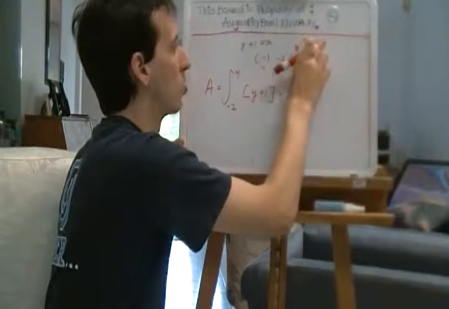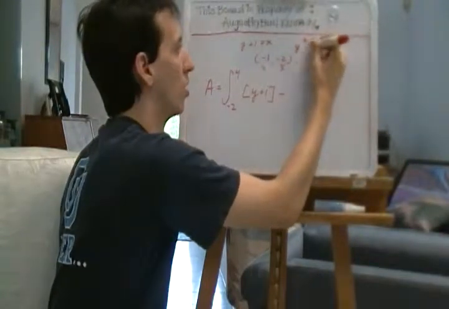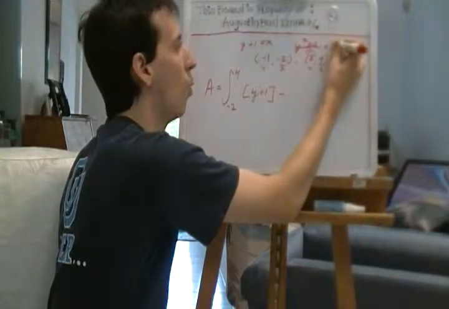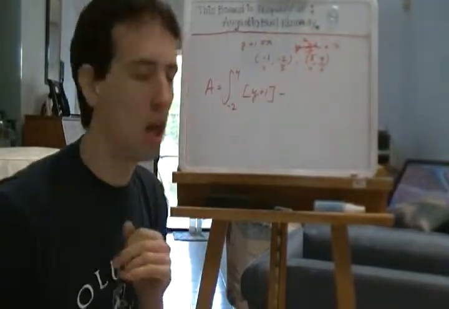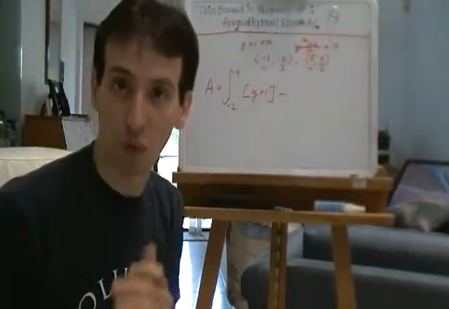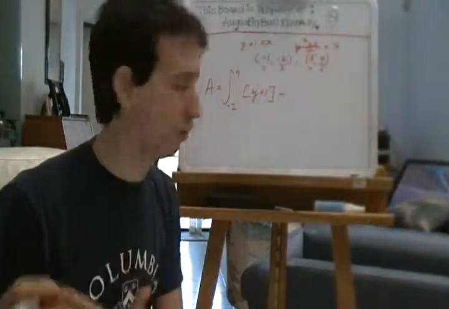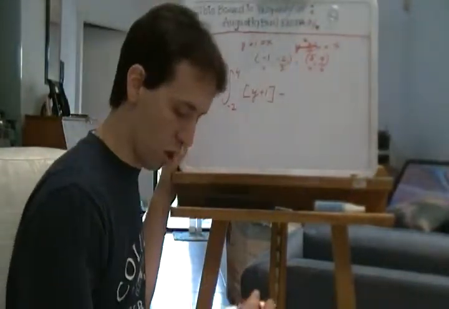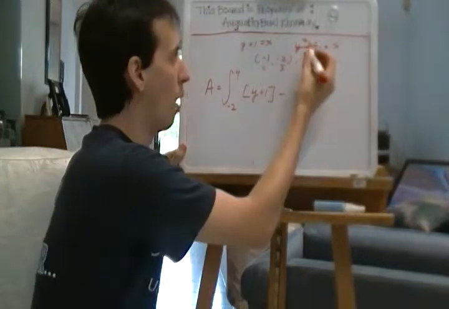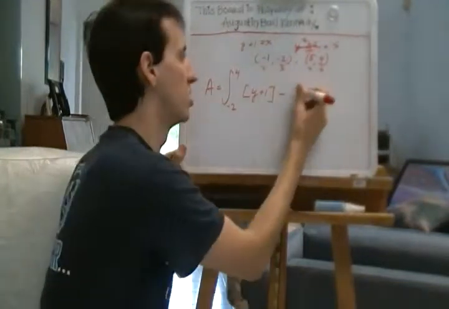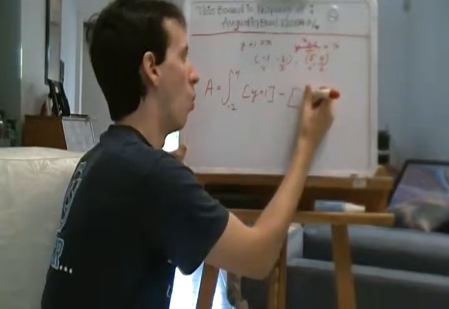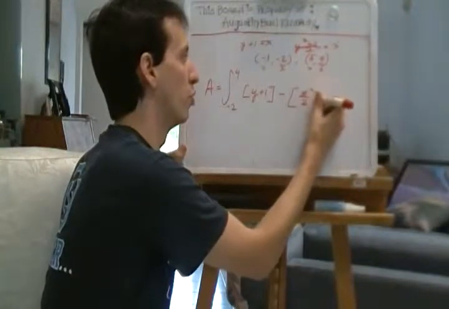It's going to be y squared minus 6 over 2. If we're taking dx, we want the equation solved for y. If we take a dy, we want the equation solved for x. So we get y squared minus 6 over 2, which is y squared over 2 minus 3.